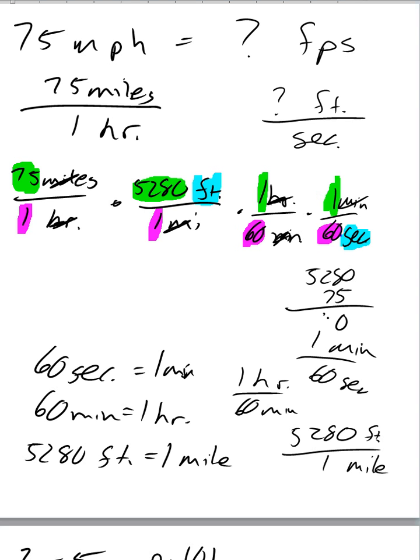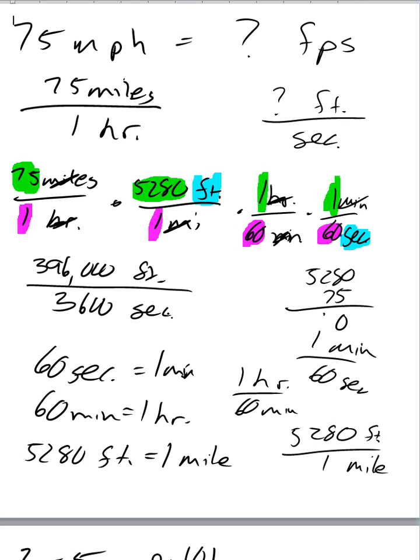Okay, 5,280 times 75 equals, holy, help me, Hannah. We have 396,000 feet, and I know 60 times 60 is 3,600 seconds. So once again, we have to reduce that down.